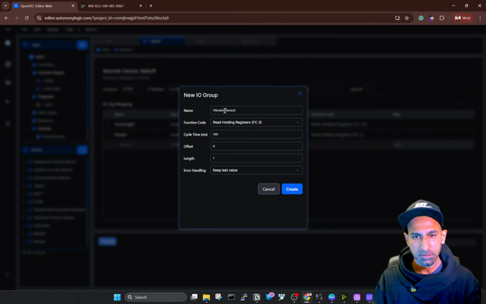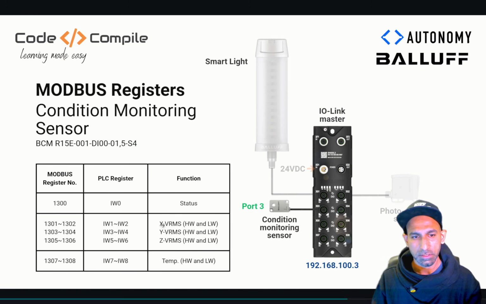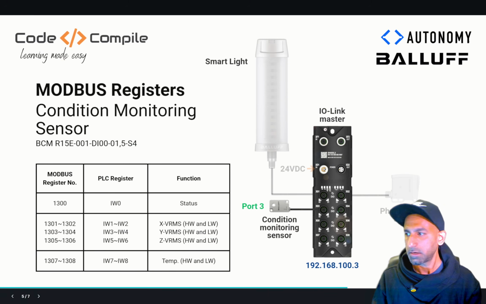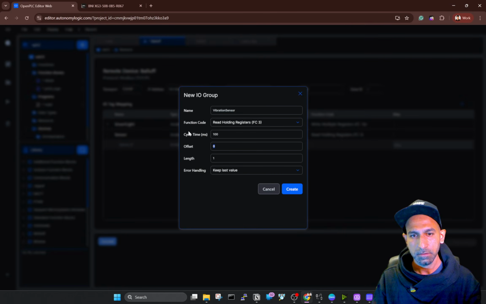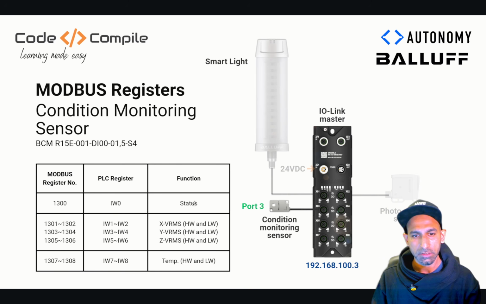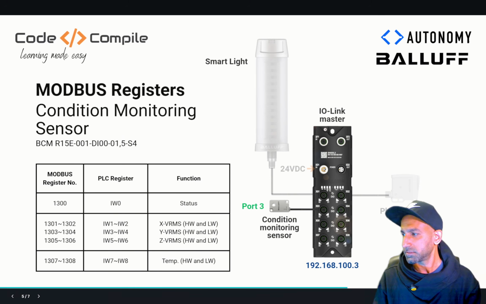Vibration sensor. This will be just more of a shortcut. So the offset was 1300. Length was, oh, we can take 1301 because in this case I don't need a status, so I can start with 1301, and the length I will take 8 registers.